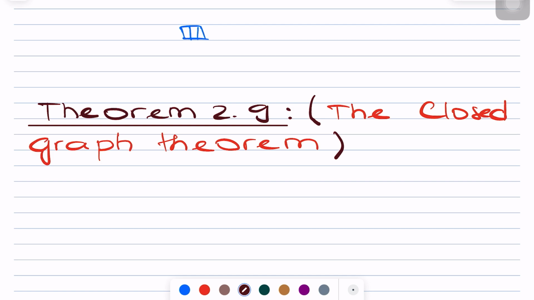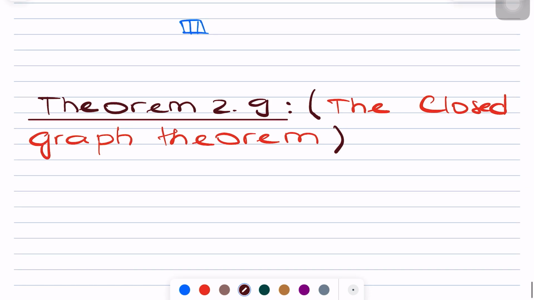By establishing that a closed graph implies continuity, the theorem gives us a way to link geometric properties with analytical properties, offering a deeper insight into the behavior of functions. So maybe let's stop talking and get back into mathematics.